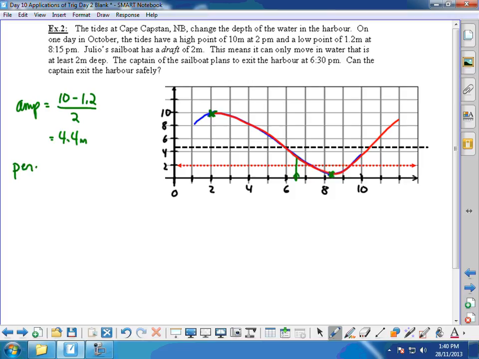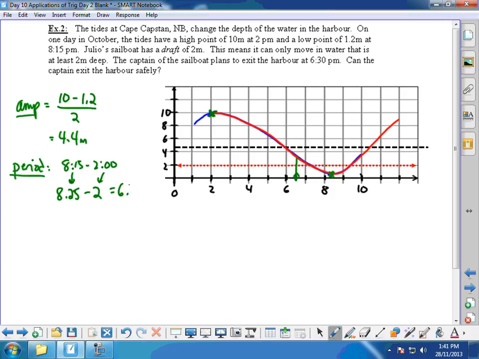So to figure out the period, I know this: 8:15 minus 2 o'clock. Of course 8:15 is not a decimal, this translates to 8 1/4, so this is 8.25 minus 2.